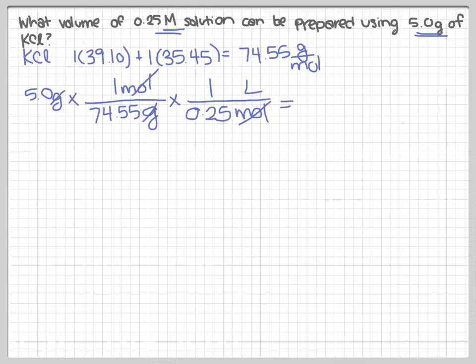Plug this into the calculator: 5 times 1 divided by 74.55 times 1 divided by 0.25. This should give you 0.268276 liters of solution. I'll round to 2 significant digits, and that gives me 0.27 liters of solution.